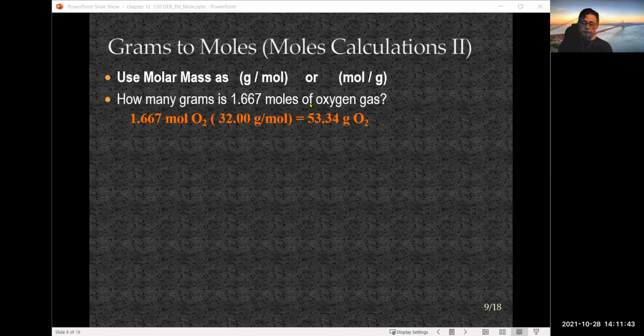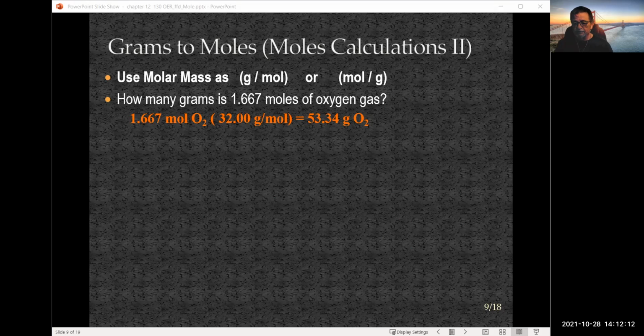The atomic weight and molar mass, we don't use those to determine sig figs. We use the moles given to you to determine sig figs because the moles came from grams, which is a measurement. So that's why the moles is the factor in determining your sig figs. There's 4 sig figs. Your answer should have no more than 4 sig figs.